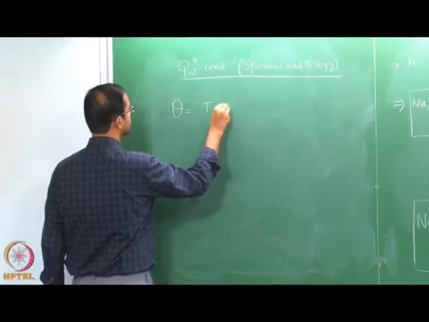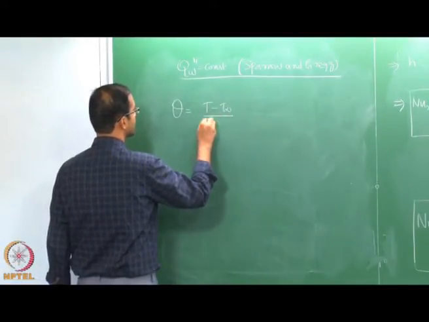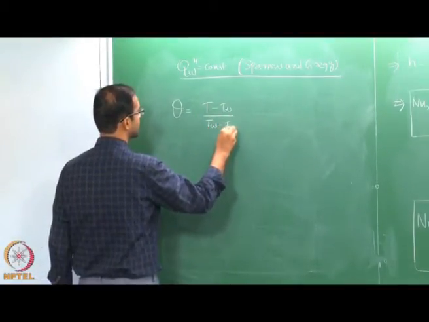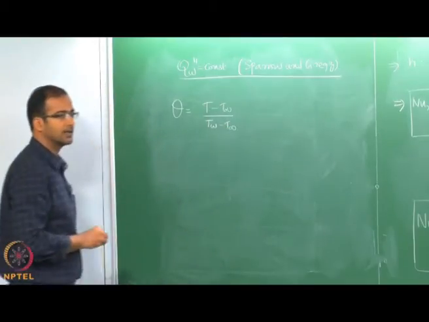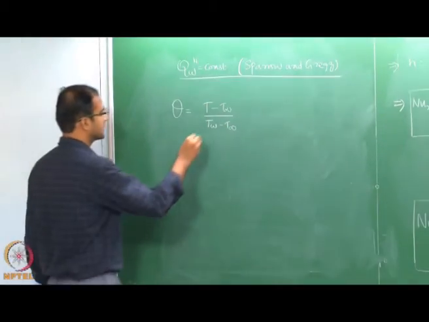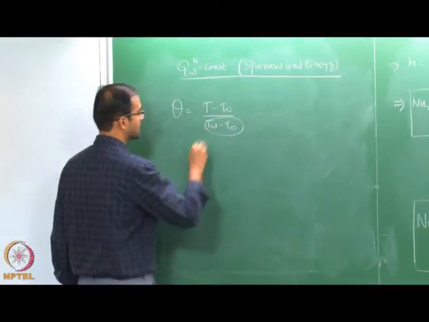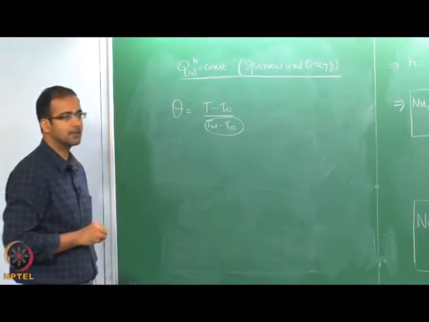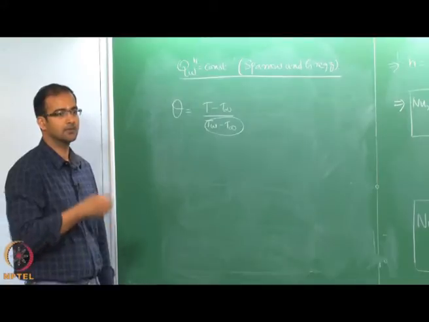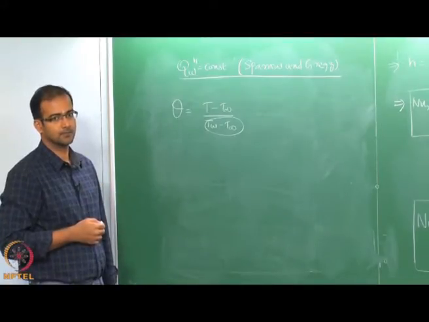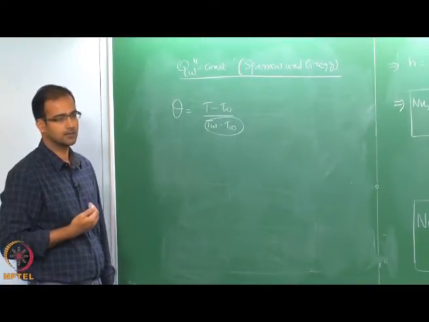In the constant wall temperature case, we use this definition, and in the constant heat flux case, since T wall minus T infinity is not a constant, we have to replace this in terms of heat flux, which is known, which is fixed.